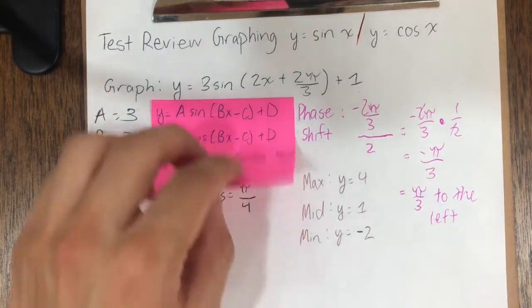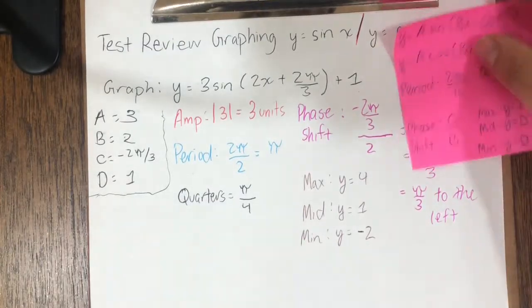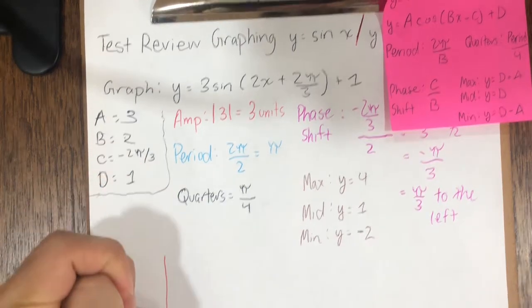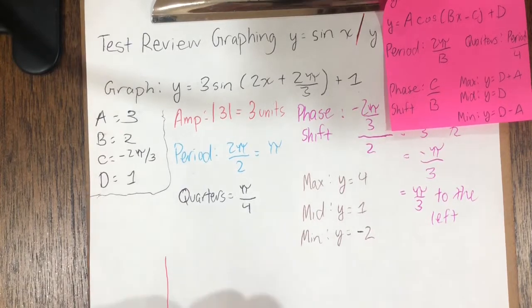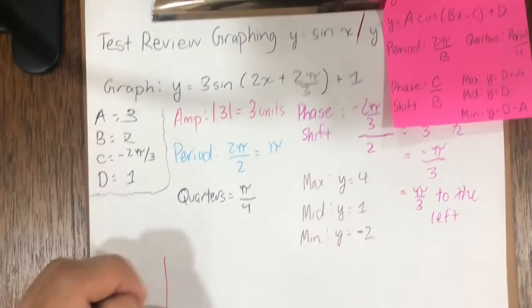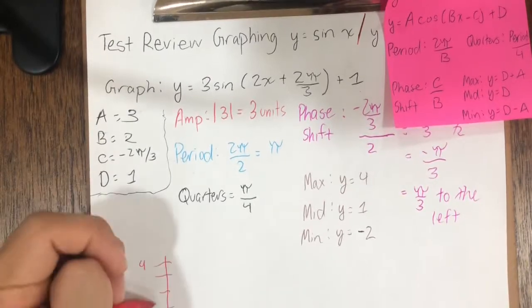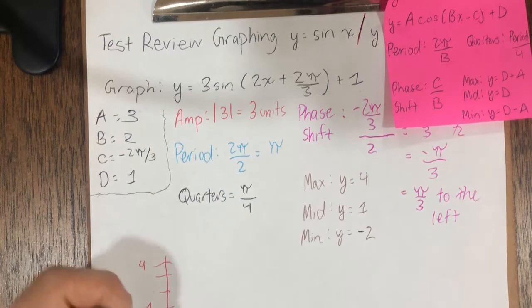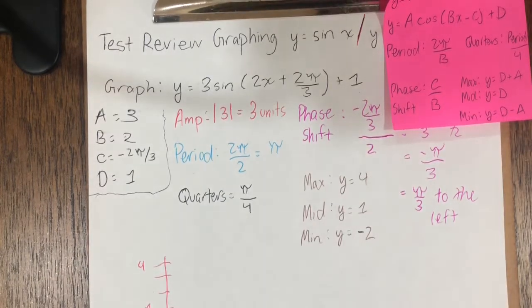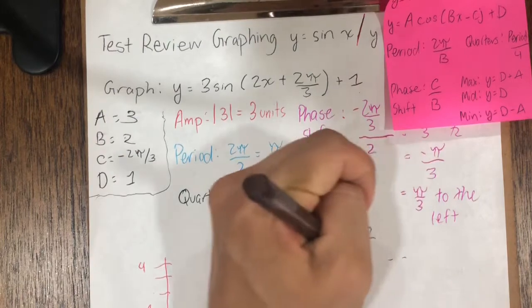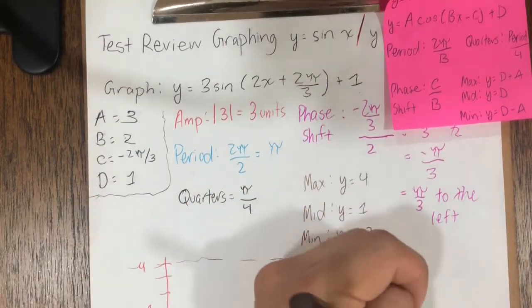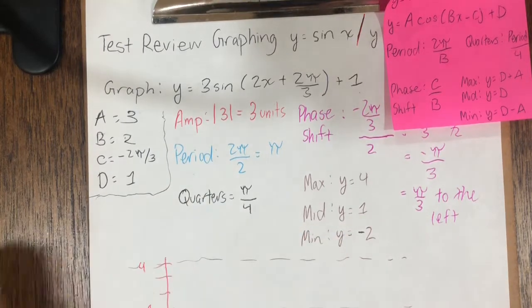All right. Okay, so we got all of our information. So now we're going to go ahead and make my graph. I'm just going to do it down here. 1, 2, 3, 4, 3, 2, 1, negative 2, and then draw the lines: the max line, the midline, and the min line.